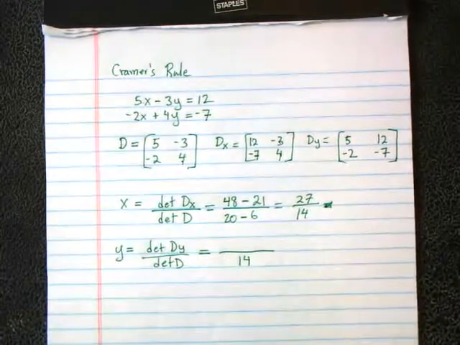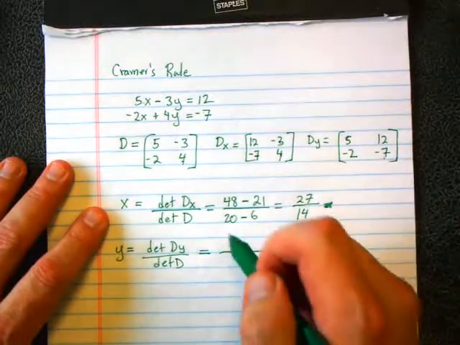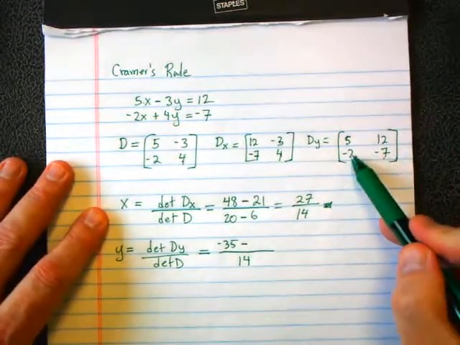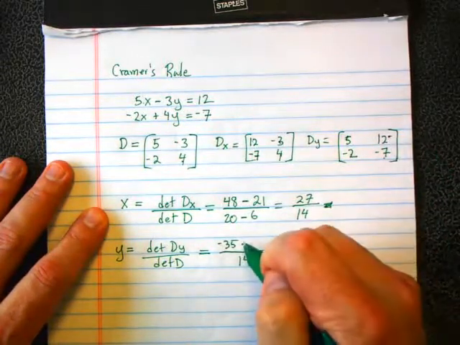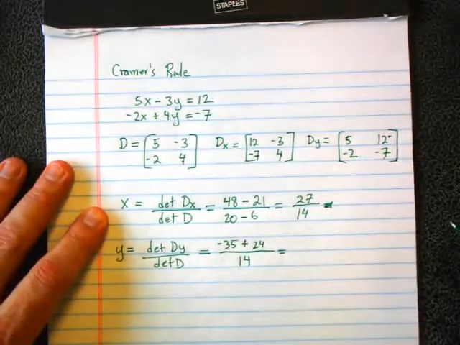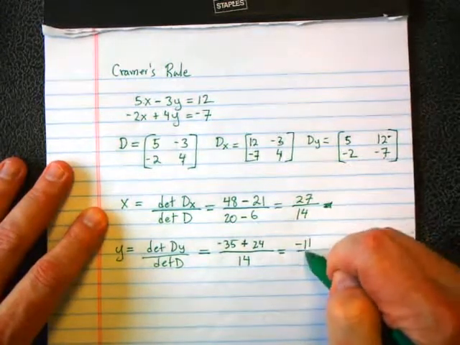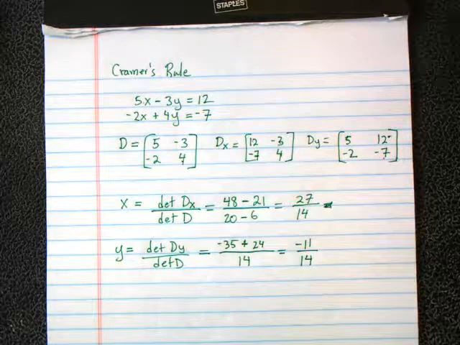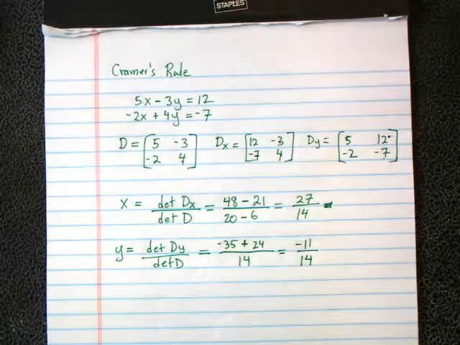I just put 14 right down on the bottom there. 5 times negative 7 is negative 35, minus negative 2 times 12 is negative 24. But a minus and a minus makes a plus, so that's plus 24. So negative 35 plus 24, negative 11 over 14. Too many negatives? Too many negatives.